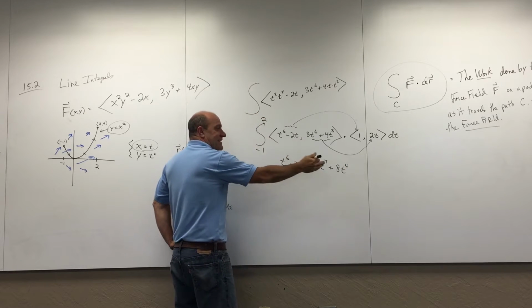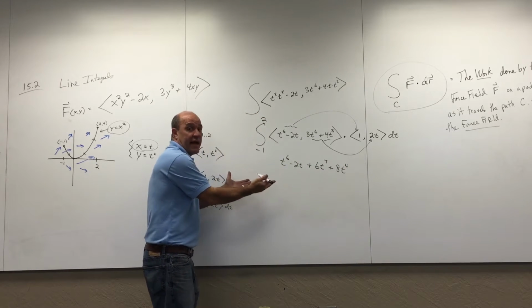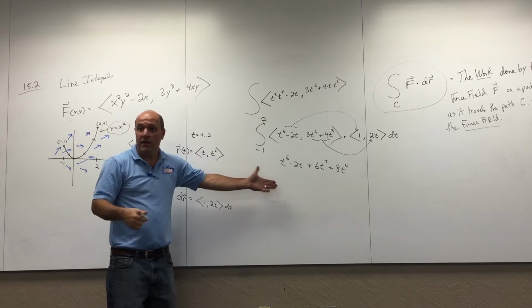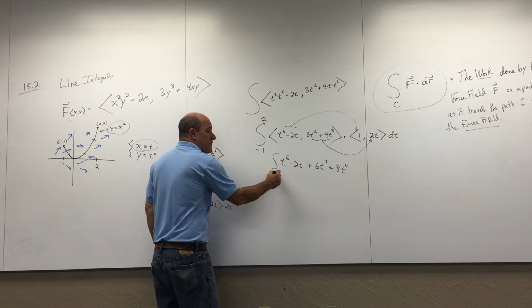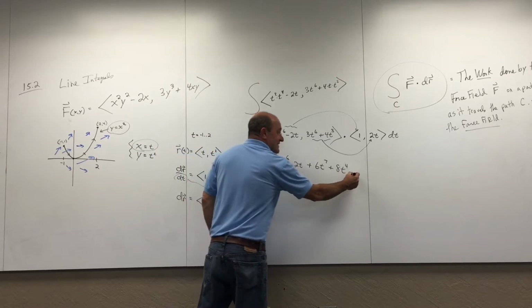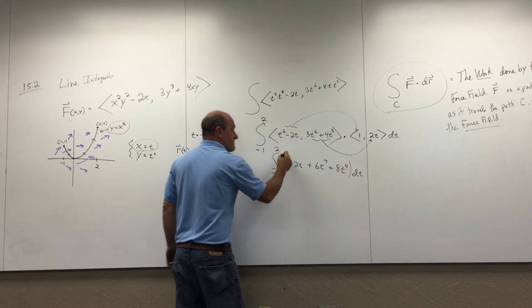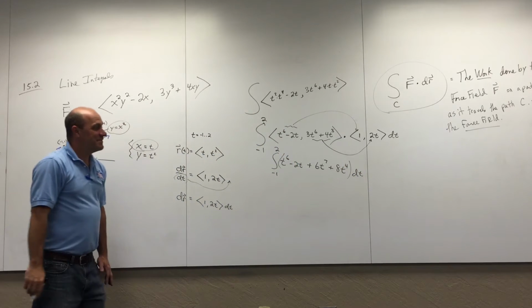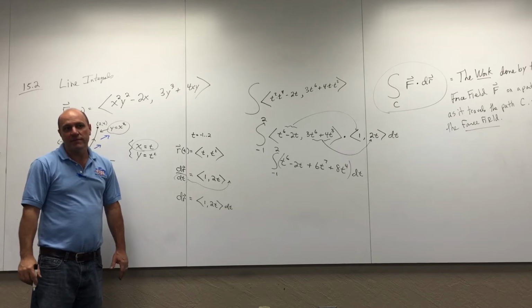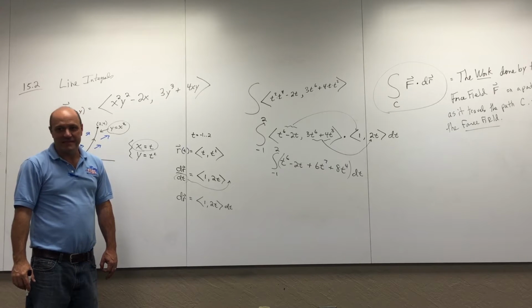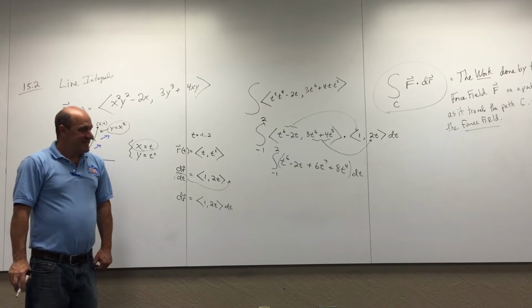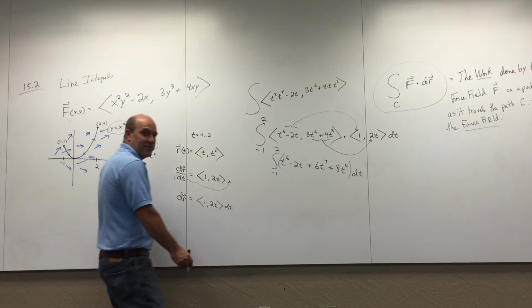And that's all added together. It's no longer a vector now. The dot product is a scalar. And you will now integrate from -1 to 2. Good luck. Easy peasy. I mean, it's a little tedious, but it is easy. I'll help you do it real quick.